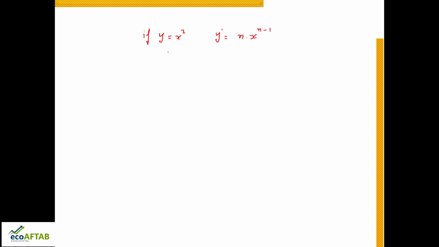So here our n is 2. So y prime is 2 into x raised to 2 minus 1. So that will be 2x. This is the first example making use of this particular rule, that is power function rule.